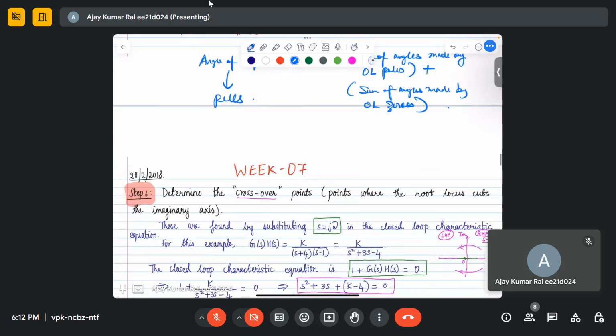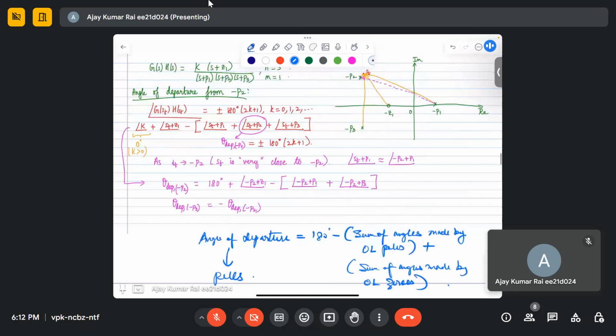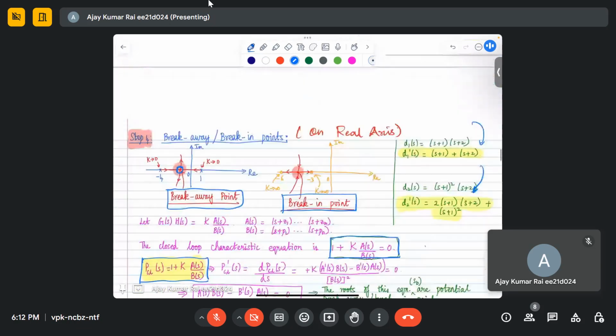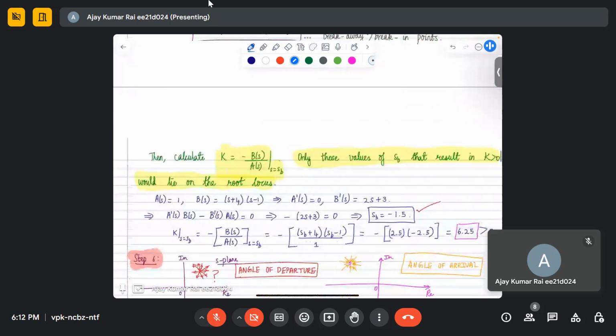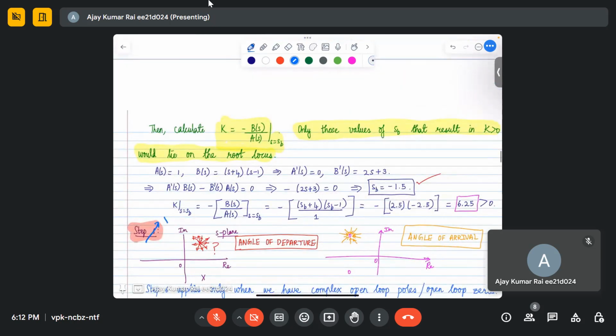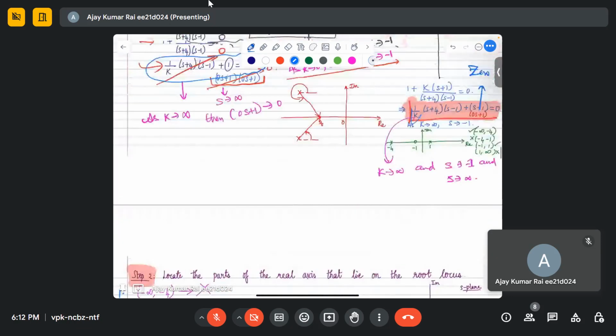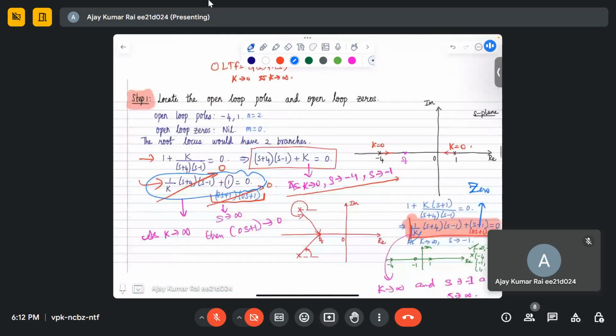So this is covered up to week 6. We have covered 1, 2, 3, 4, 5 steps. Any doubt on how to plot the root locus in steps 1 to 5?